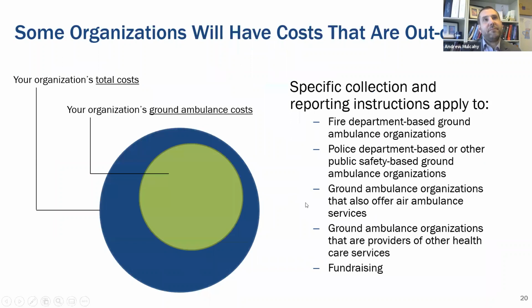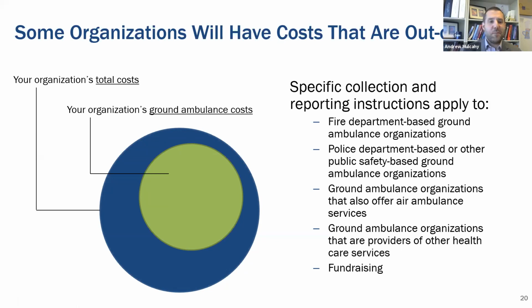There are some activities and expenses that are out of scope for GADCS. Air ambulance is one of those examples. Sometimes this applies to providers where you might operate some air ambulance and some ground. There are other for-profit companies that might be in that scenario, even though it is probably pretty rare.